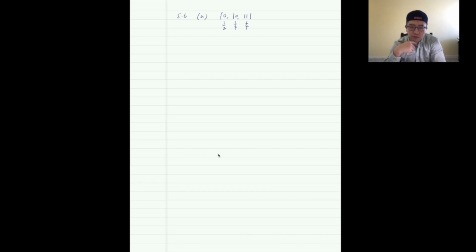Let's try this. For the second one, B, the code words are 0, 0, 0, 1, 1, 0, and 1, 1, 0. From here, clearly this is a prefix code because none of the code words is the prefix of other codes. The other thing is that we can observe that this 0 is not needed. Without this, the code will still be a valid code, but with a better performance.